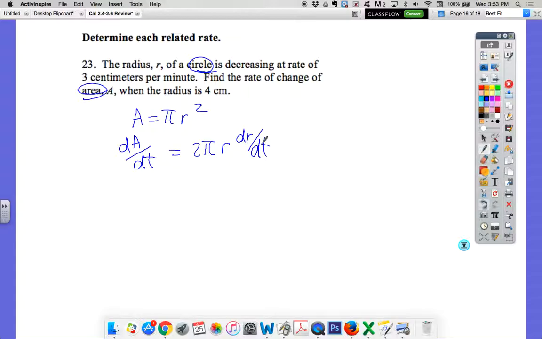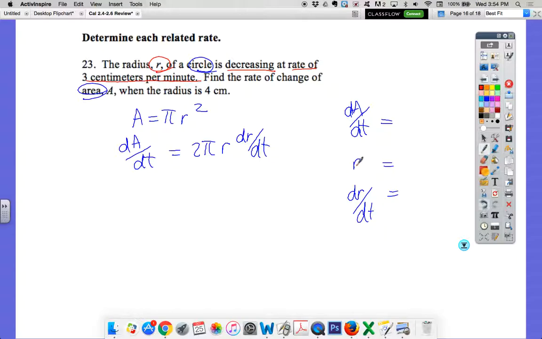And then we're going to come over here and list out all of our variables. dA over dt, r, dr over dt. So there's 3 things. One of them we're going to be looking for, and the other 2 they should have given us. It says the radius r is decreasing at a rate of 3 centimeters per minute. So that's a rate.